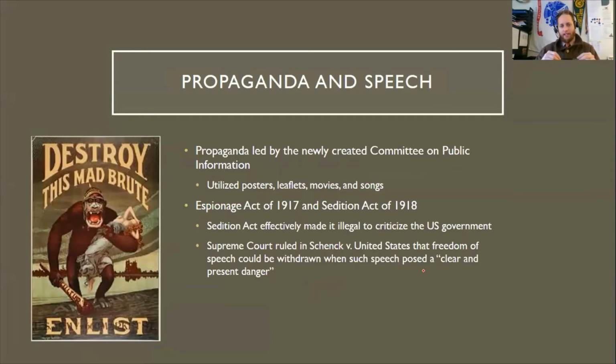The United States, even as its army is getting revved up to go stomp some faces in Europe, the government starts to get moving in the direction of rallying public opinion. Again, they want to turn this into a crusade. They want to get everybody on board. If you're not with us, you're against us, and you need to persuade people that, yes, the war is the right thing, which is challenging because of Wilson's policy of isolationism, that he wasn't going to get involved, that we were going to be neutral, that there's no real bad people over in Europe.